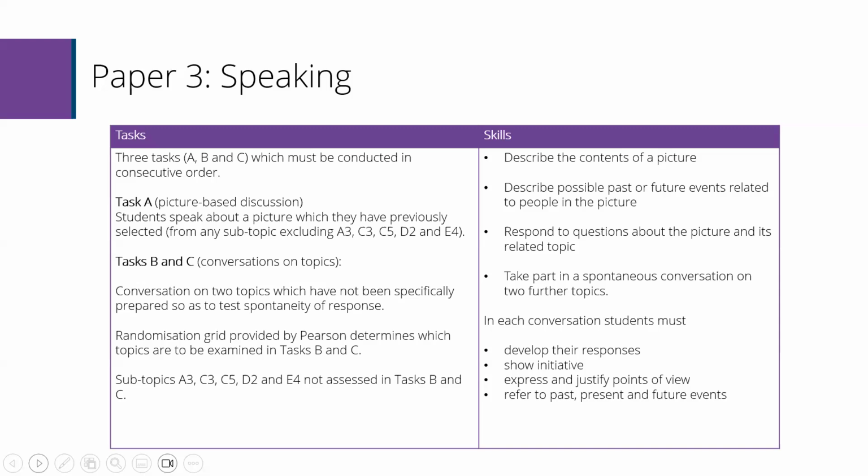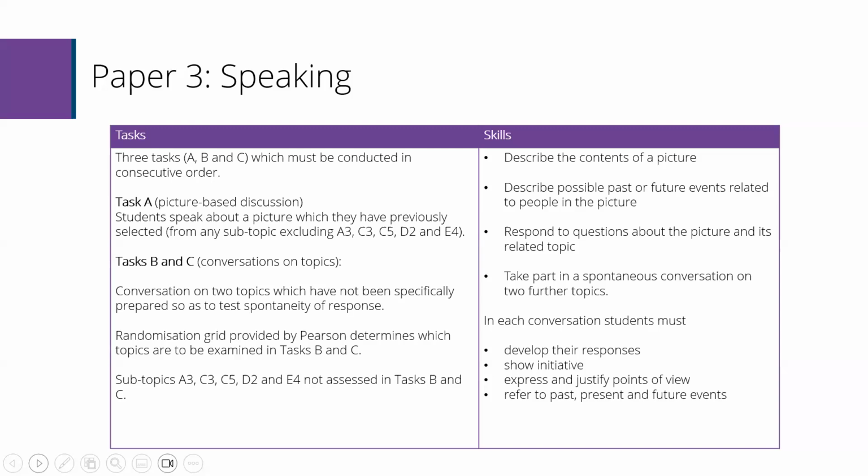And so when we say spontaneous, what we mean is that it's spontaneous response in the moment. So it isn't scripted or pre-learnt in that sense. They're not just doing this conversation from memory. But that's not to say that individual elements of the conversation will be anything particularly new to them, if that makes sense. So watch out for the spontaneity there. We'll say perhaps more about this further on.